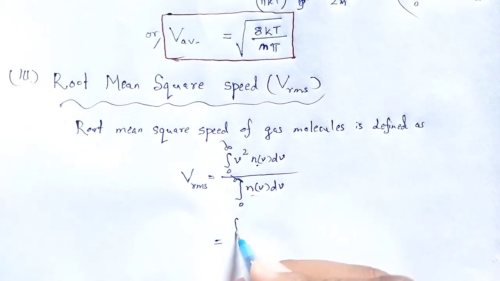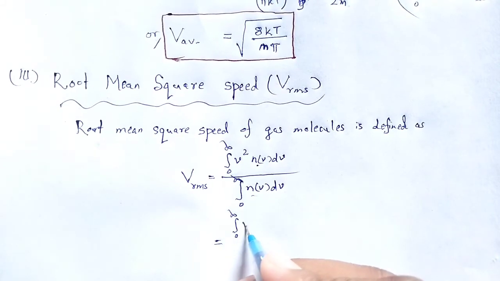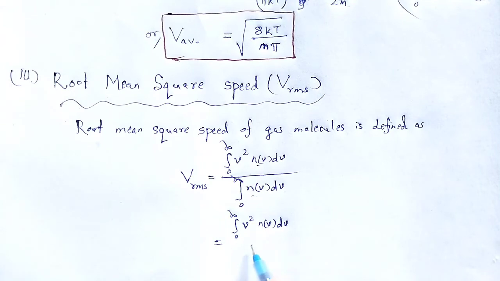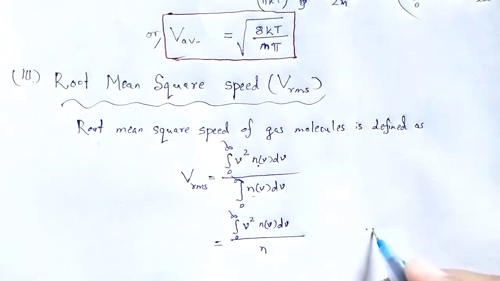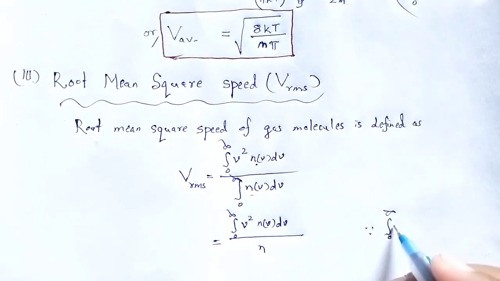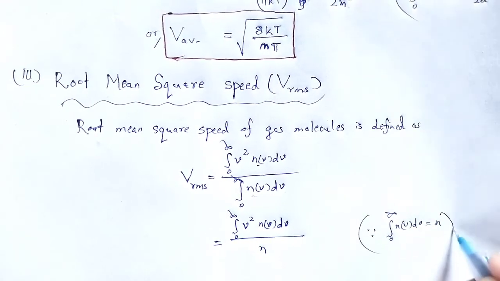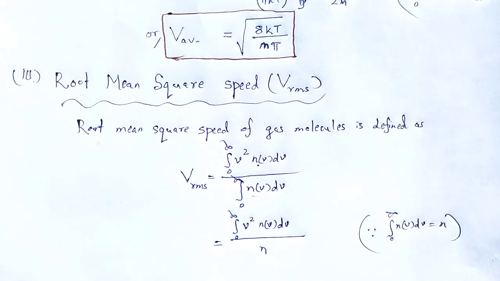So the term, that is integral from 0 to infinity of v square n_v dv divided by N, where N is the integral from 0 to infinity of n_v dv, equals N, the total number of gas molecules.